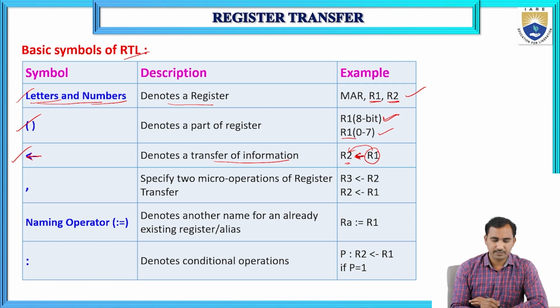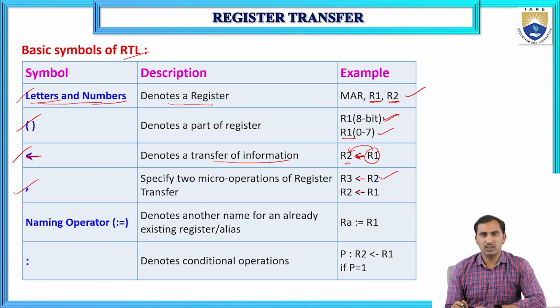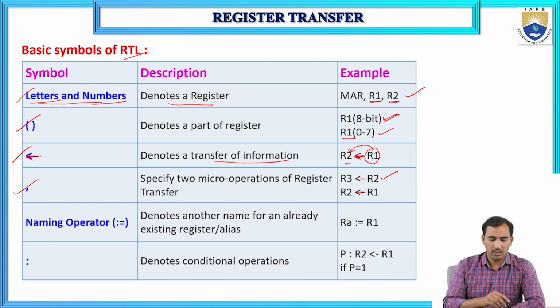And the next symbol is the comma. It specifies two micro operations of the register transfer. The comma is used to separate two register transfer operations. The first operation is R3 arrow R2 and the second operation is R2 arrow R1. These are two register transfers separated by the comma.